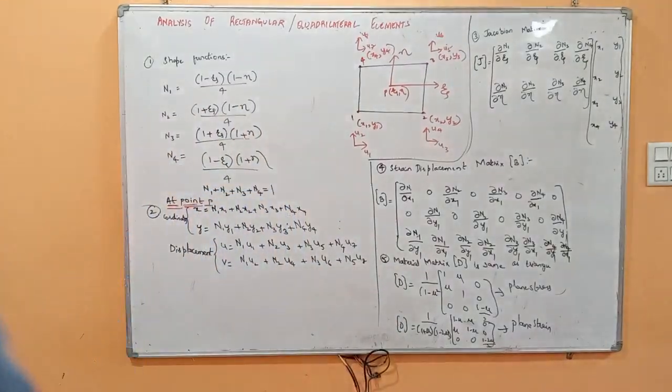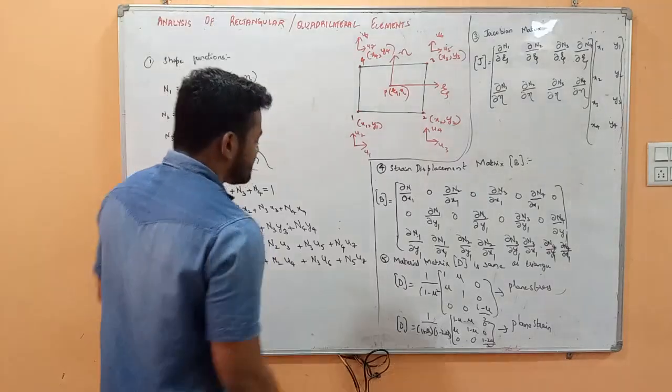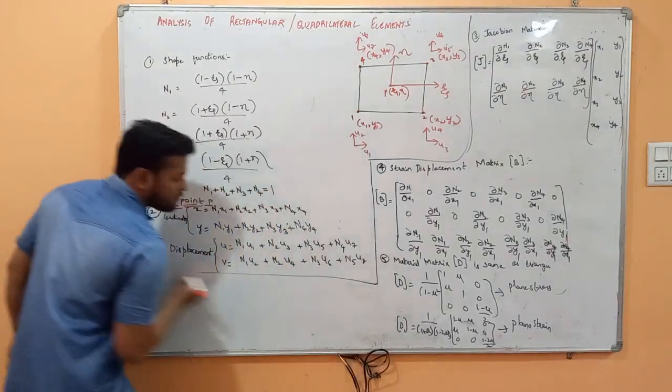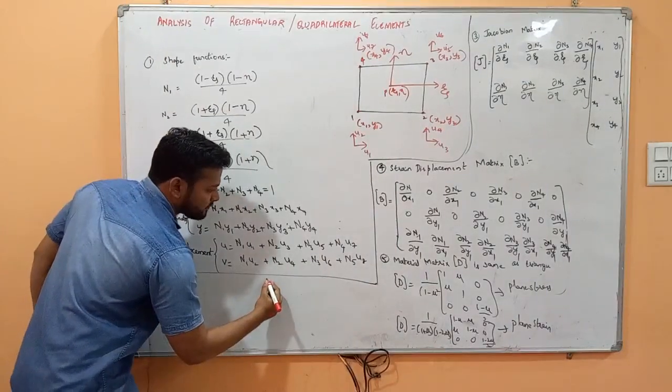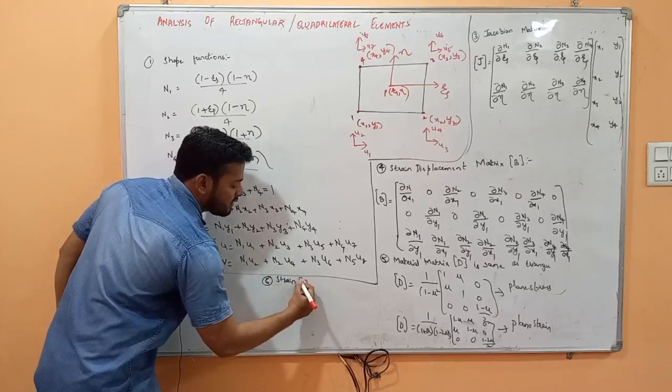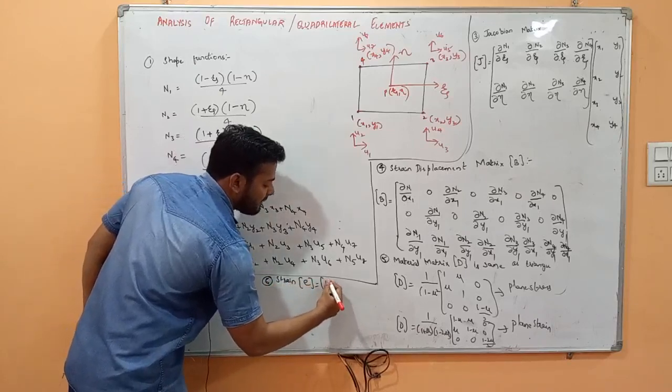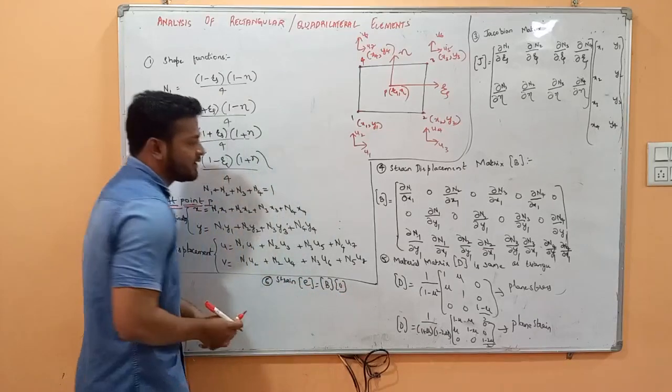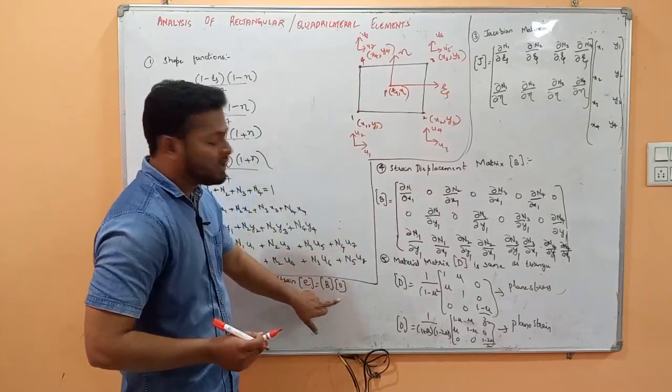So once we get the matrix B and matrix D, we can find out the stresses and strains. What is strain? Formula number 6. Strain is B multiplied by U. What is U?